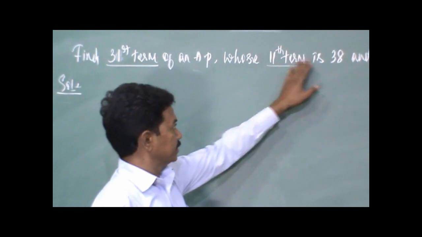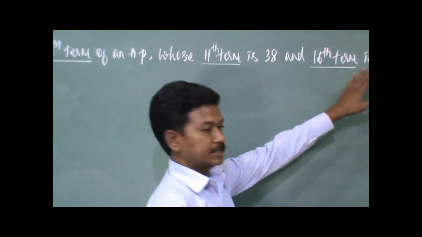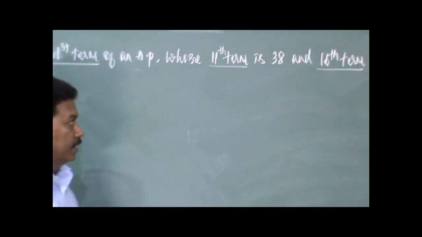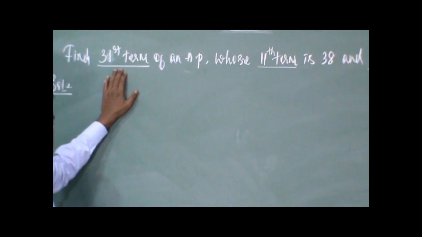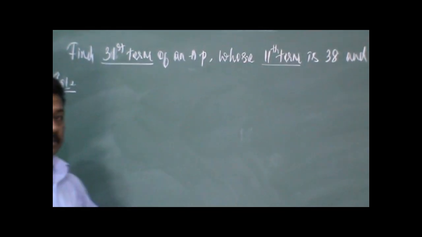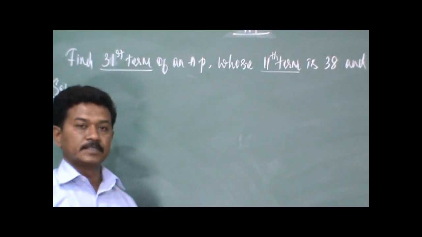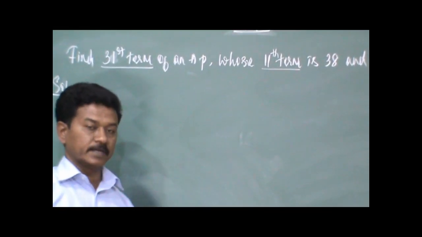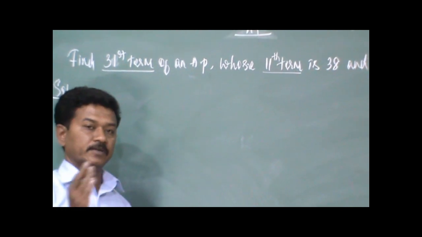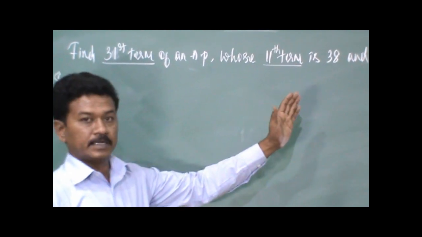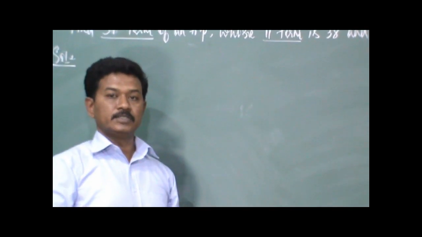In order to find the 31st term, you should know the value of A and D. So by using the formula we have derived, we will first find the value of D. Substitute that value of D in any one of the given terms, and we will get A. So using that A and D, we will reach the 31st term.